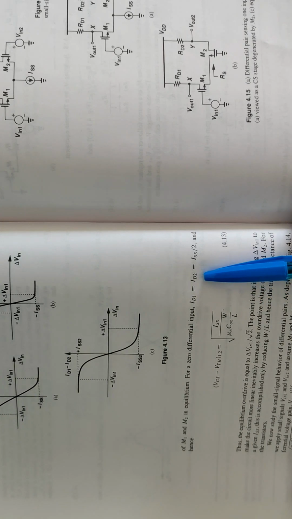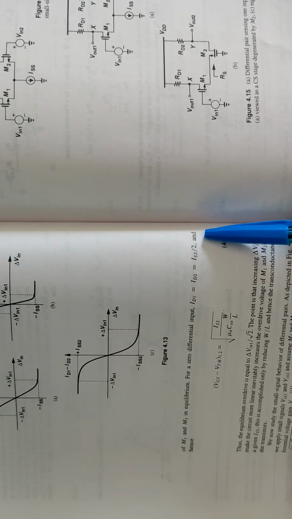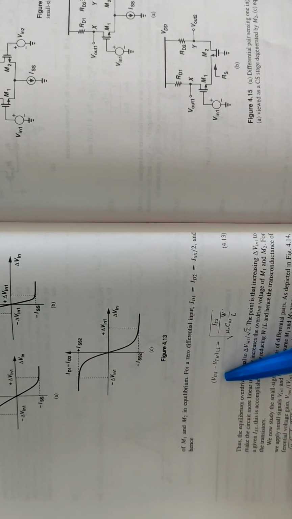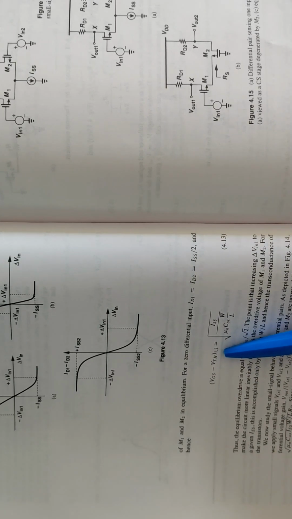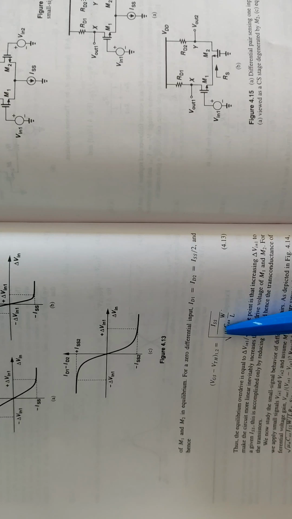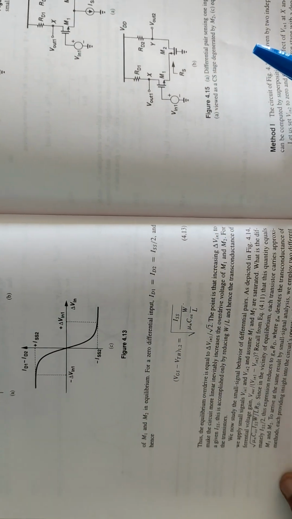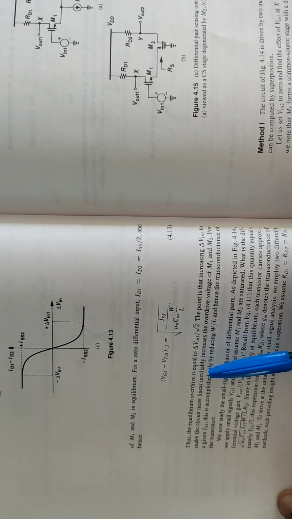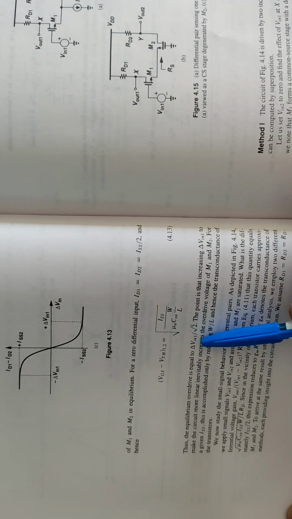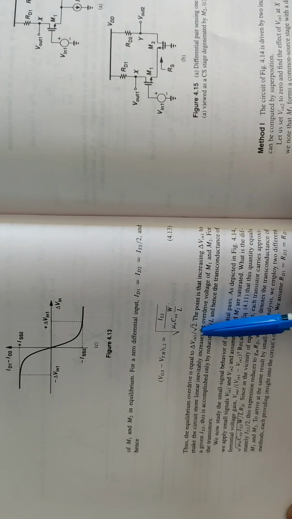ID1 = ID2 = ISS/2, and hence VGS − VTH = √(ISS / (μn Cox W/L)). Thus the equilibrium overdrive is equal to ΔVin1/√2.